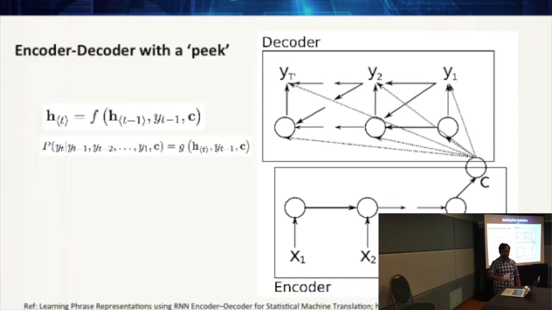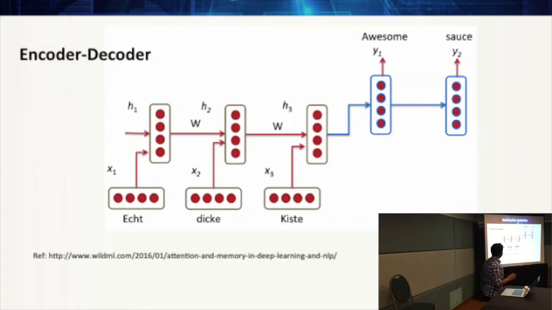In the previous model, the hidden state of the encoder H3 was passed on, and then that H3 was used to compute the hidden state of the decoder, and that was being used to make multiple outputs.